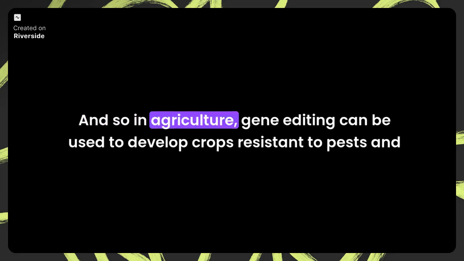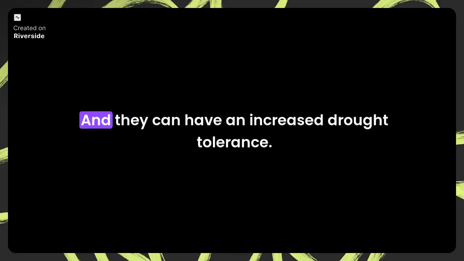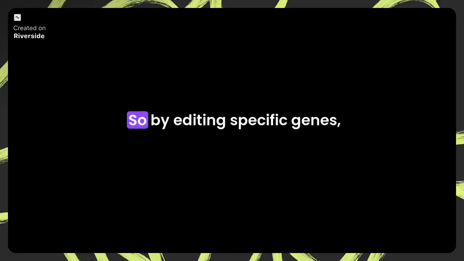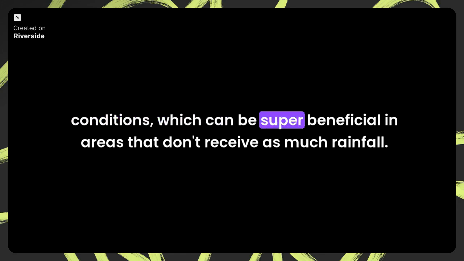And so in agriculture, gene editing can be used to develop crops resistant to pests and diseases, and they can have an increased drought tolerance. By editing specific genes, scientists are developing crops that are more tolerant to drought or extreme weather conditions, which can be super beneficial in areas that don't receive as much rainfall.